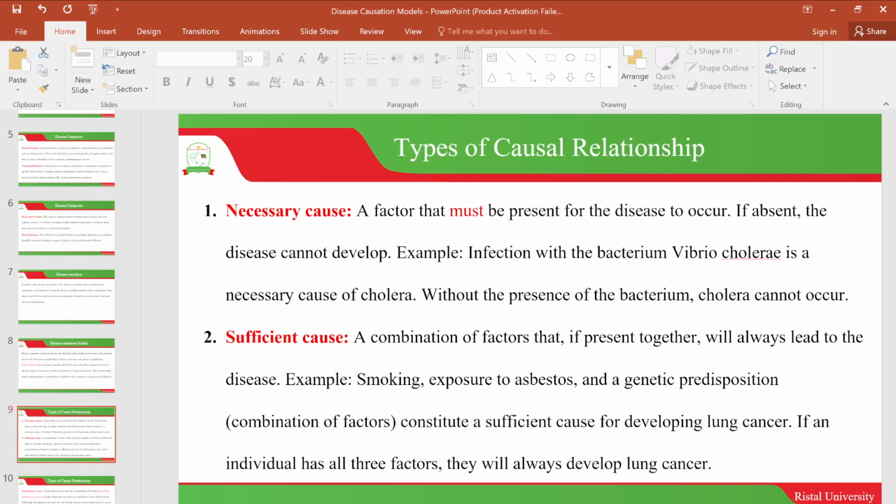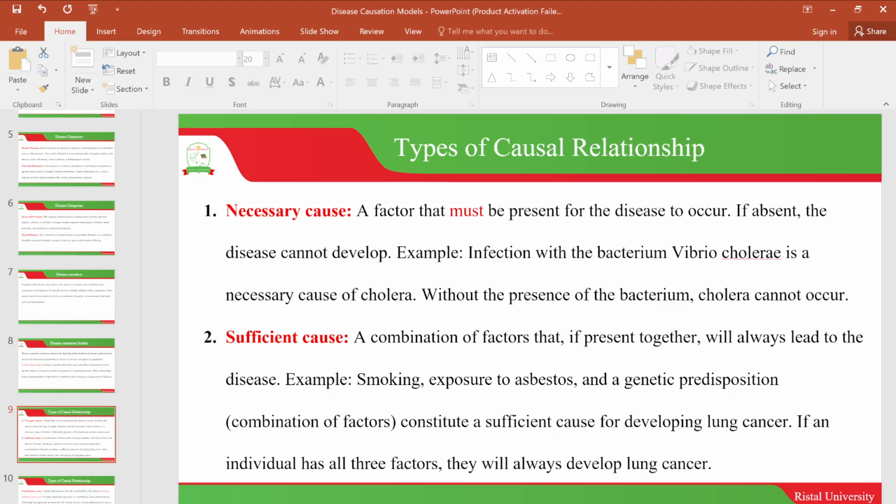So to understand the causal relationships further, we have some concepts that maybe we need to know. One is a necessary cause. This is to say that that factor should be present for the disease to be there.